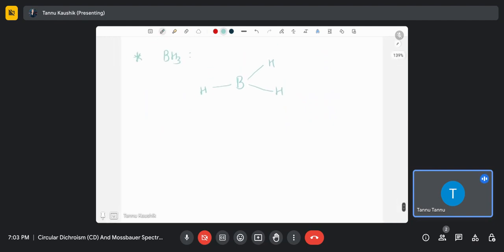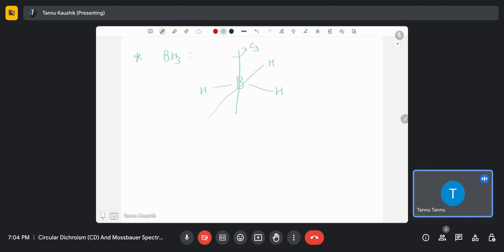So I will directly find out that this BH3 molecule has a C3 axis of rotation.